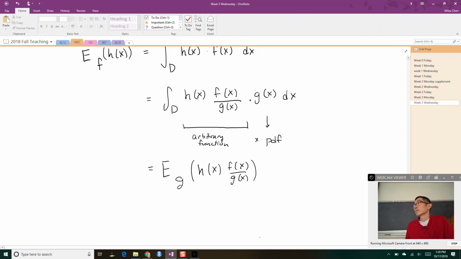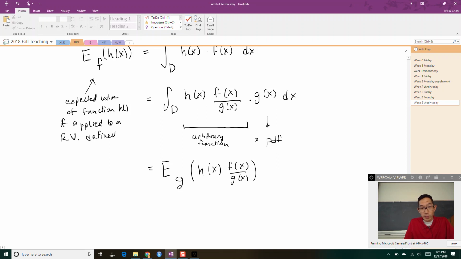G. Okay, so here's the expected value of function h if applied to a random variable defined by f, okay?